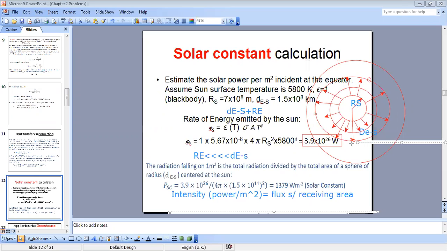Now, we are interested in particular in the Earth because it's our planet. So here we are just interested in the intensity reaching the Earth.